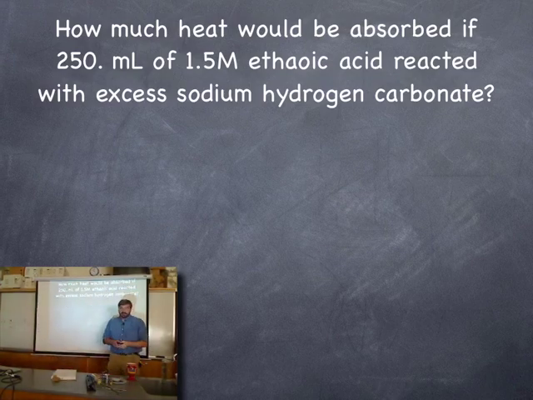We'll get there. Right now, I just want to do a stoichiometry problem. But I'm not giving you grams, I'm not giving you moles, I'm giving volume and molarity. And I'm asking you to do a stoichiometry problem to calculate the energy. Your final answer should be in kilojoules.